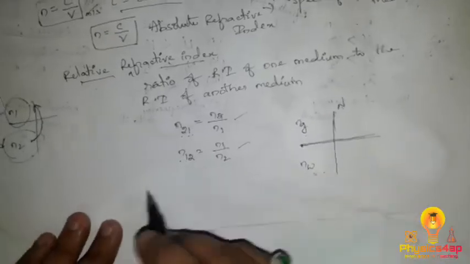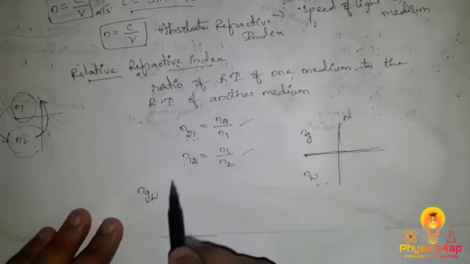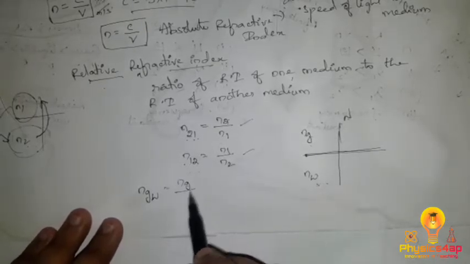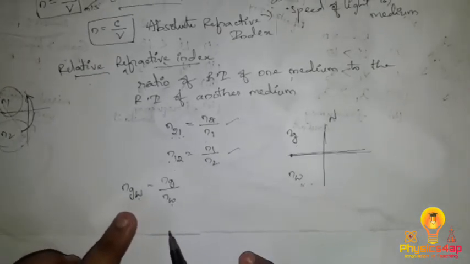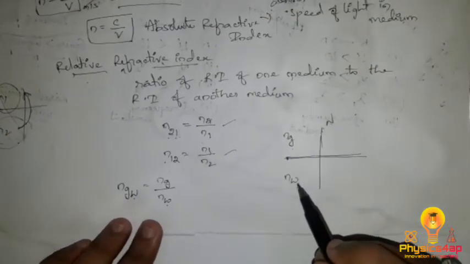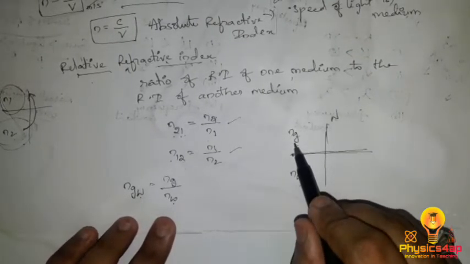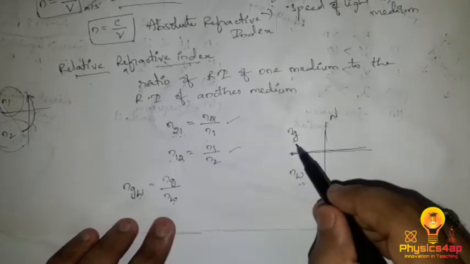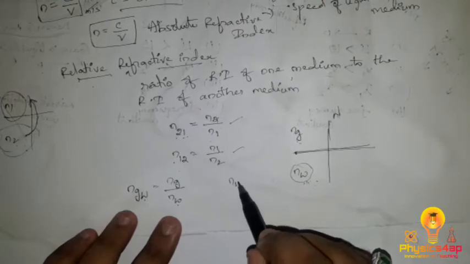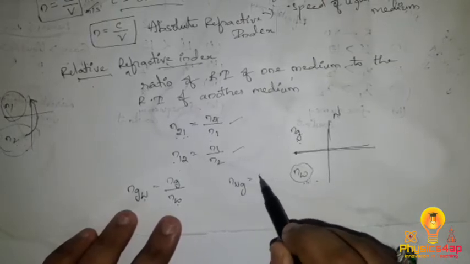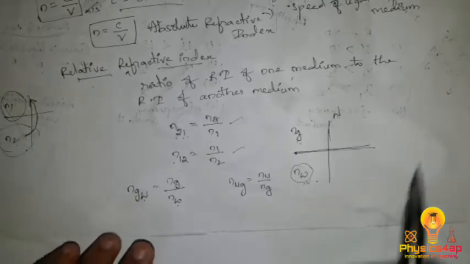Then we write it as Ngw, that is the refractive index of glass with respect to the refractive index of water, that is Ng by Nw. Or otherwise, I need to find out the refractive index of water when compared to the glass. So that is Nwg, that is Nw by Ng. It can be written like this also.